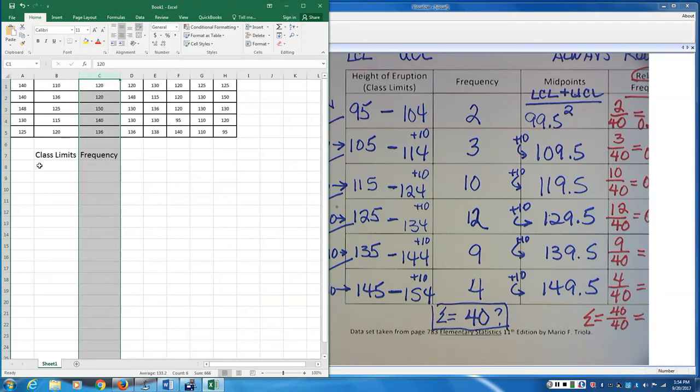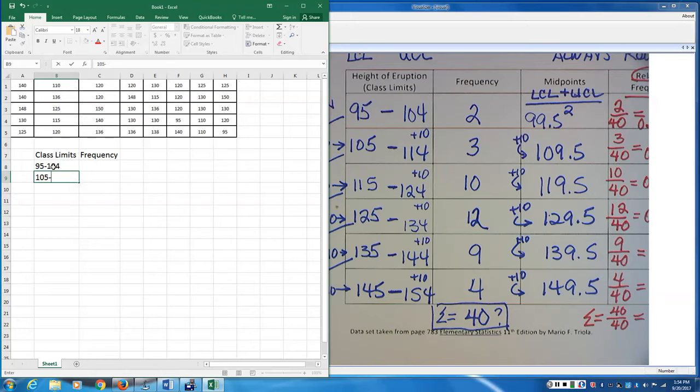And then in the boxes below class limits, I want you to type your class limits for each of the 6 classes. 95-104, 105-114, 115-124, 125-134, 135-144, and 145-154.